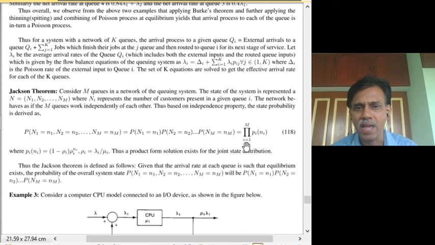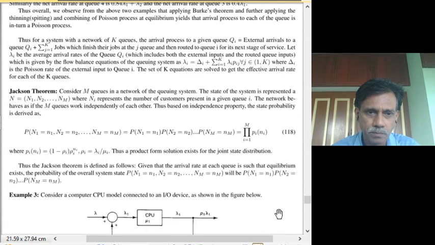That is, the product over i varying from 1 to m of pi of ni, where in turn pi of ni is given by (1 minus rho i) rho i power ni, where again rho i is given by lambda i by mu i. So this is the powerful theorem that can be used to consider a network of m M/M/1 queues. That is what we call the Jackson's theorem.